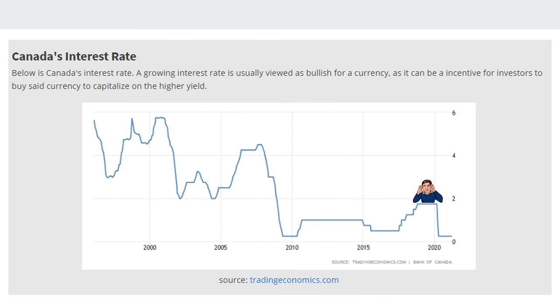Now, we can look at an example here. You can see here's Canada's interest rate. Now, we shouldn't pick on Canada too much because all interest rates around the world right now, for the most part, many countries have cut rates dramatically to cope with or deal with the 2020 pandemic that we faced.